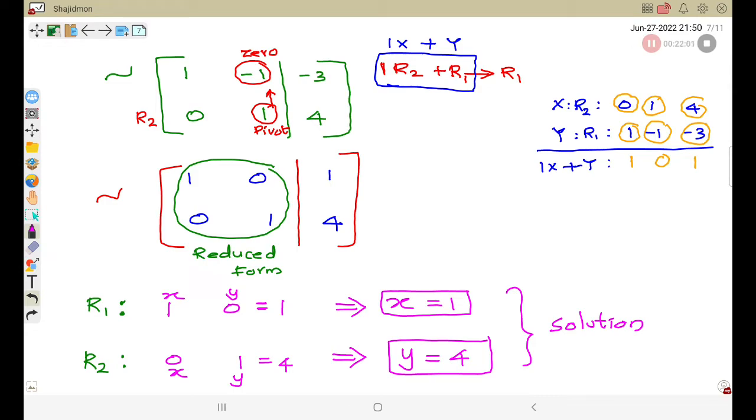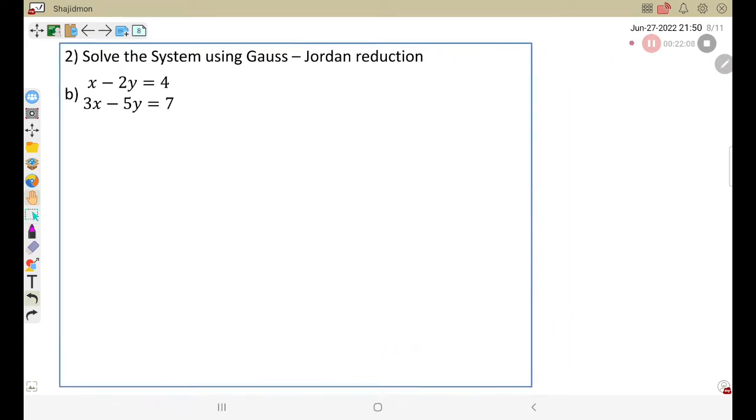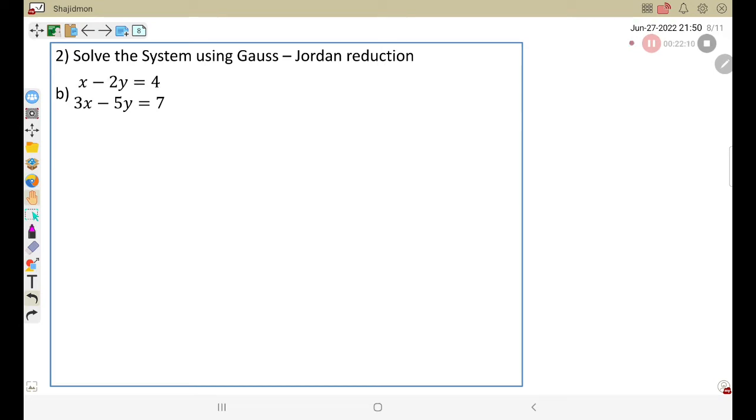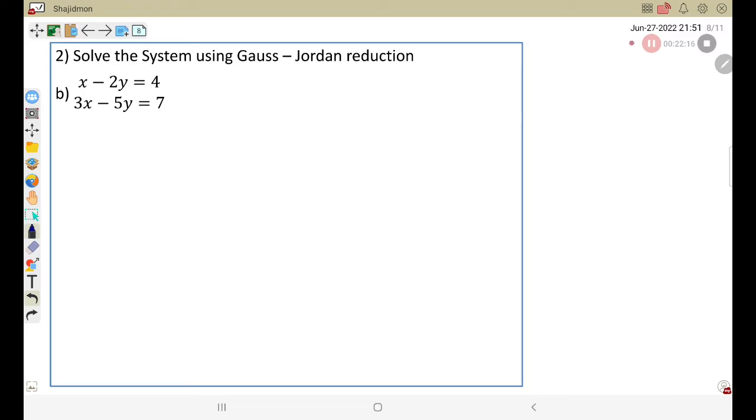You can practice like this more questions. One more question we can do. Question number 2. Solve the system of equations using Gauss-Jordan reduction. So here x minus 2y equals 4, 3x minus 5y equals 7.